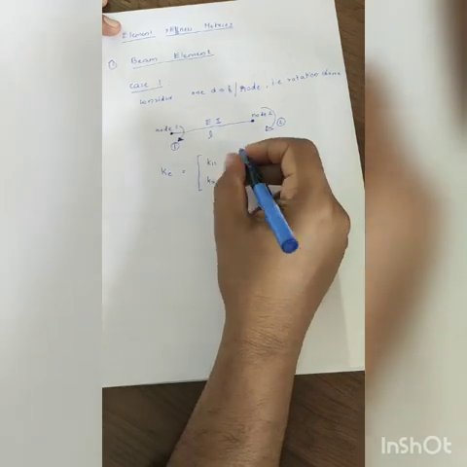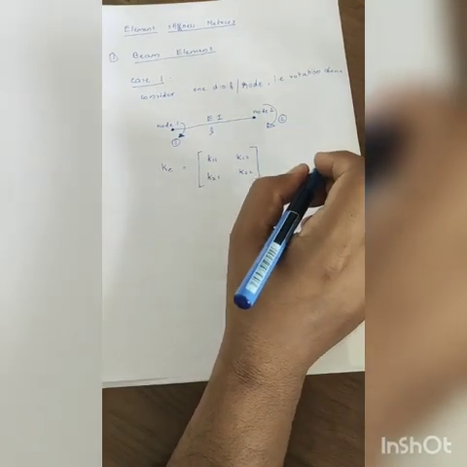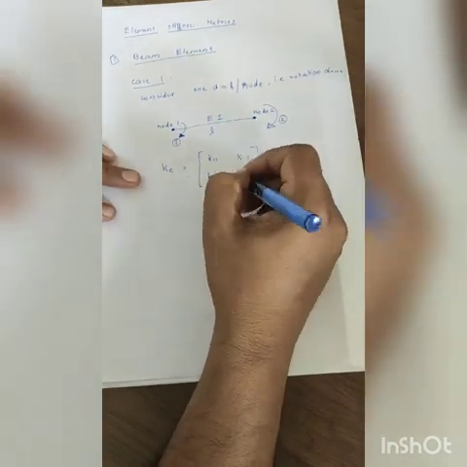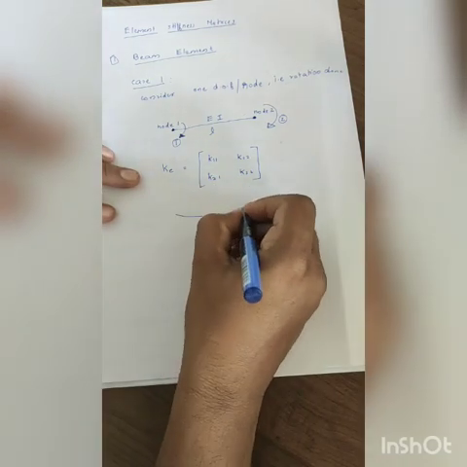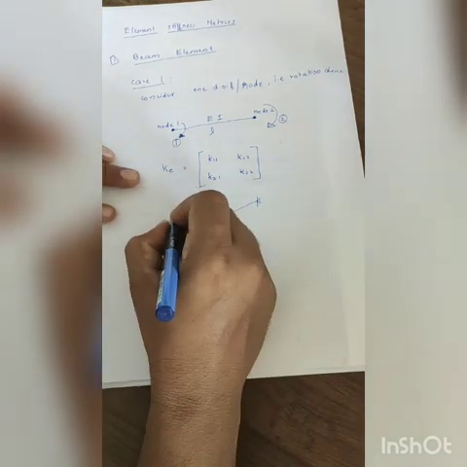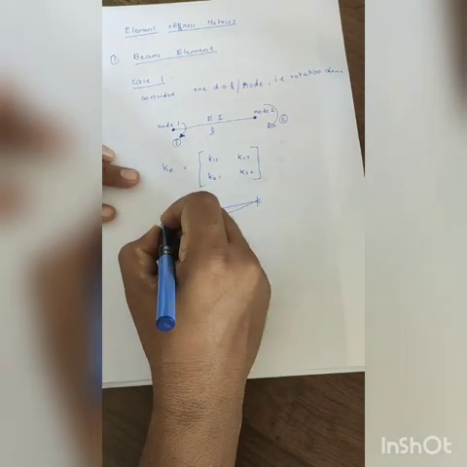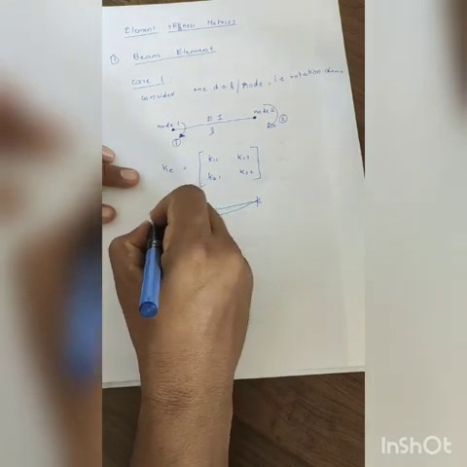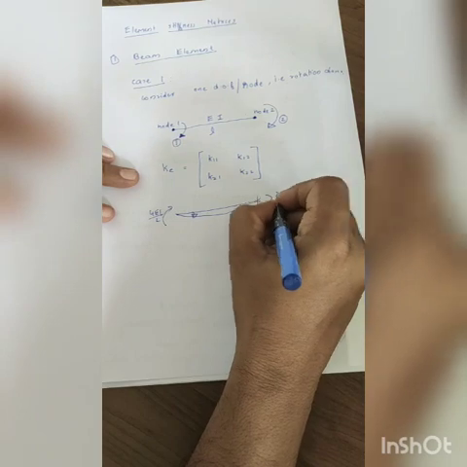It is very simple to develop this element stiffness matrix by the physical approach. If I apply a unit rotation in the clockwise direction at the first node, the moment generated there will be 4EI by L, and the moment generated at the other end will be 2EI by L.